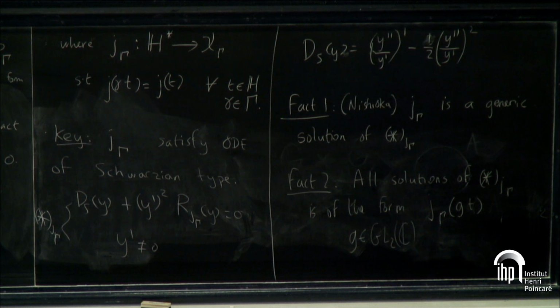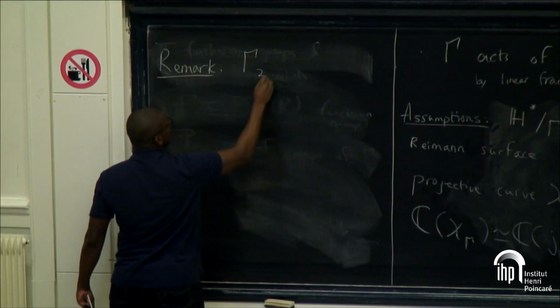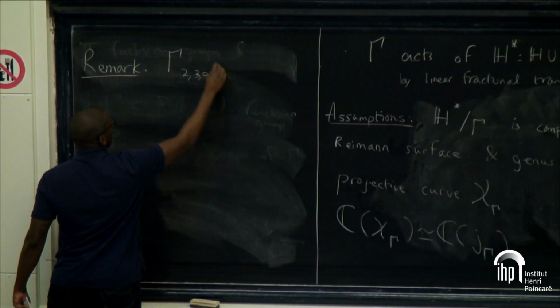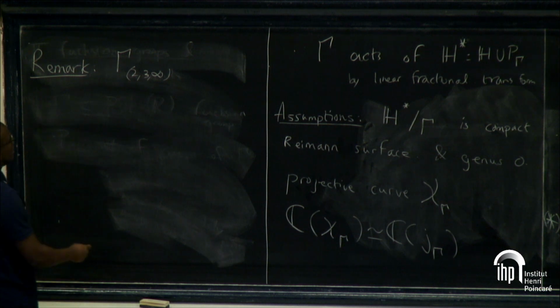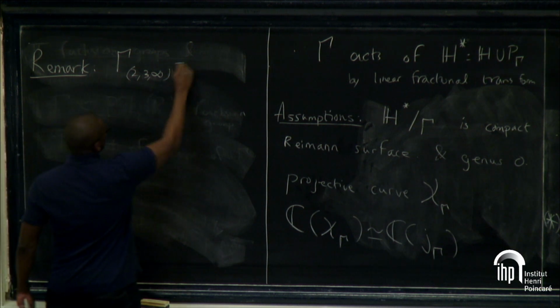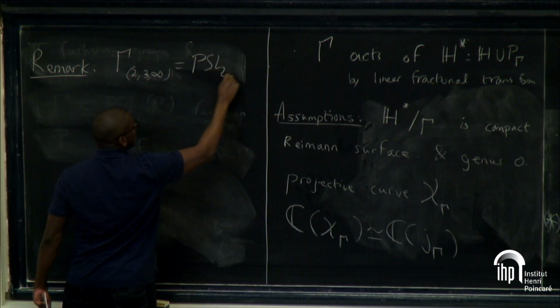But note that the triangle group 2, 3, infinity was really the picture that Jonathan drew last time. And so this is PSL2Z.